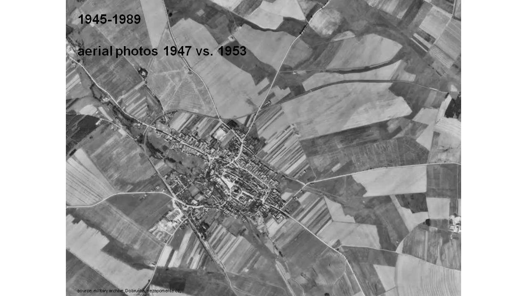This is the field patterns, the landscape structure after the war, where you can see the traditional patterns of the fields, how the land was farmed in the traditional way using horsepower.